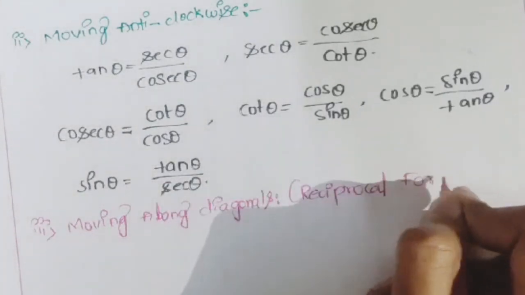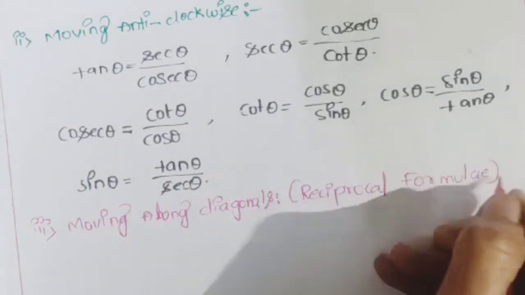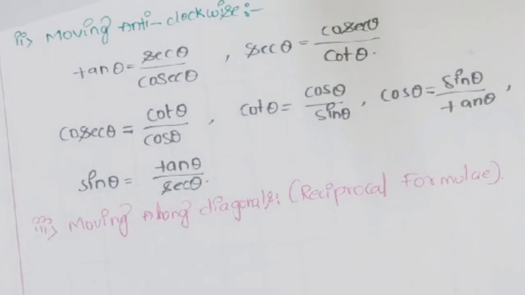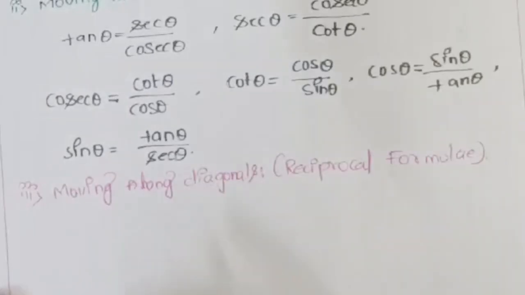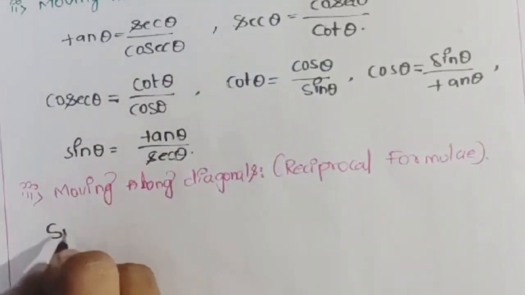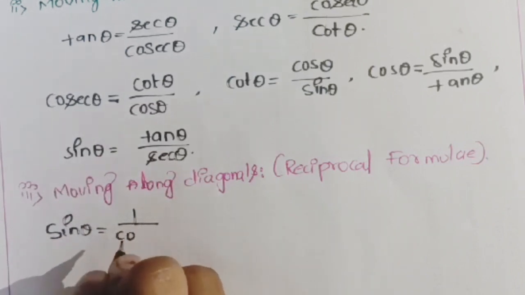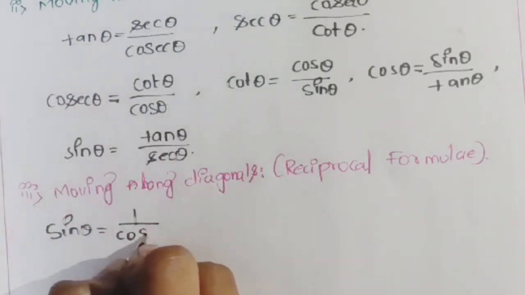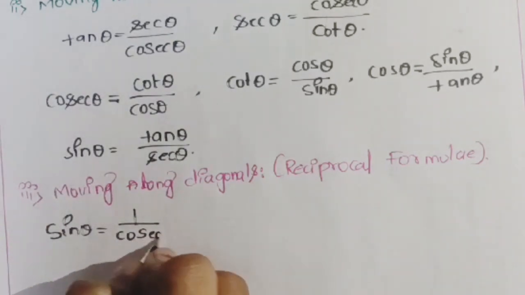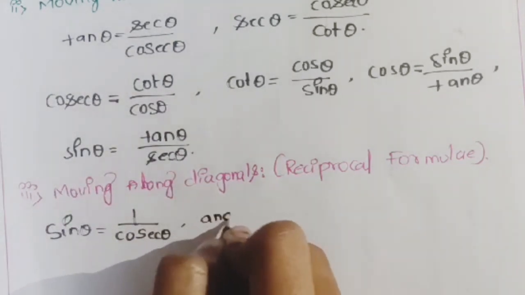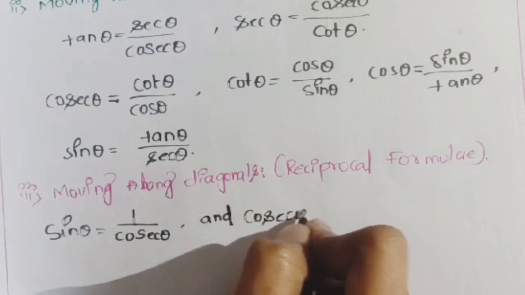So these are the reciprocal formulas. That means sin theta is equal to 1 by cosecant theta. Similarly, if you want cosecant theta, it will be 1 by sin theta. So you know the formulas. This is quite popular, so we can easily remember these things. Okay, and here is another technique: if you want sin theta, you only get cosecant theta.